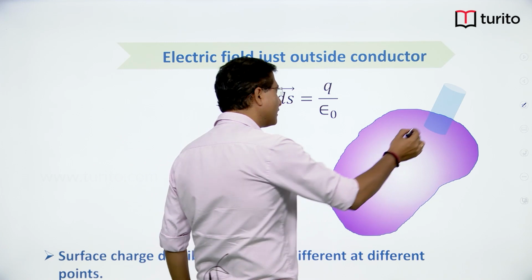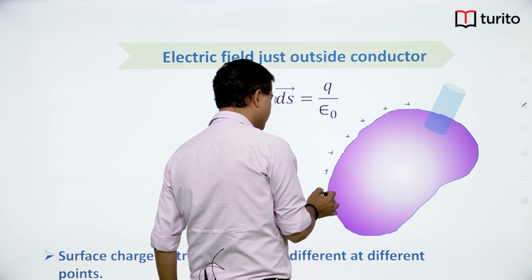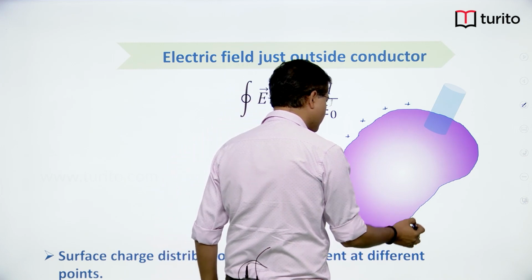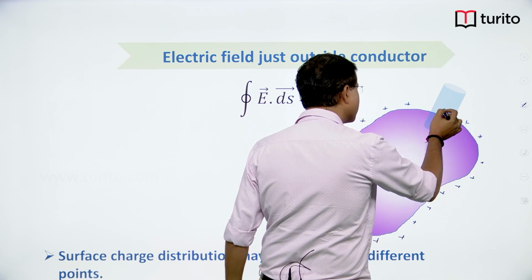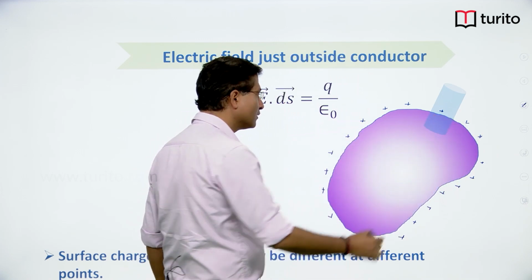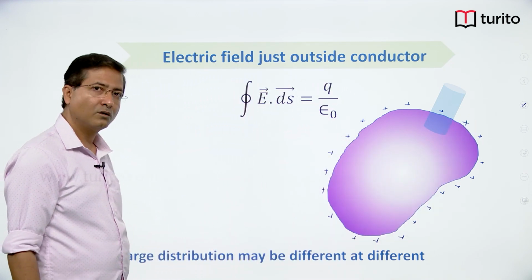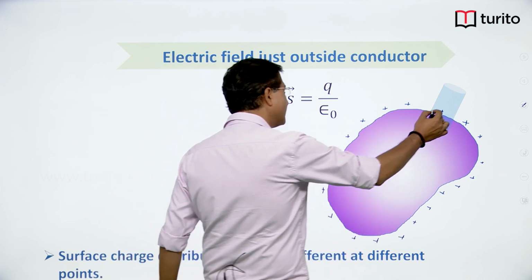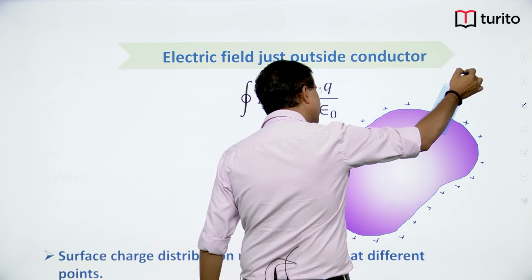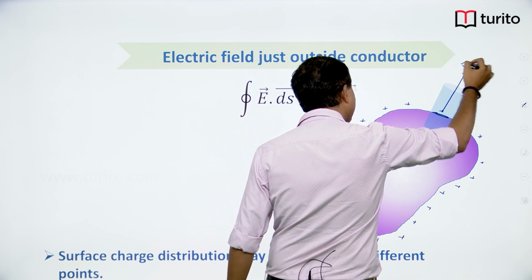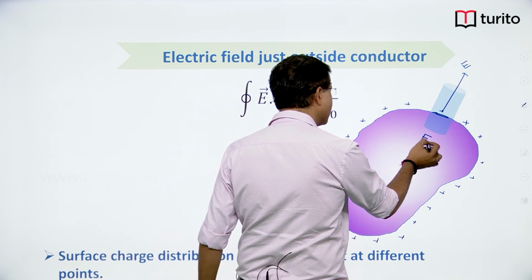So, just now we have figured out that at this particular point, or for this area, you can see that the field is in this direction, right, and inside it is 0.